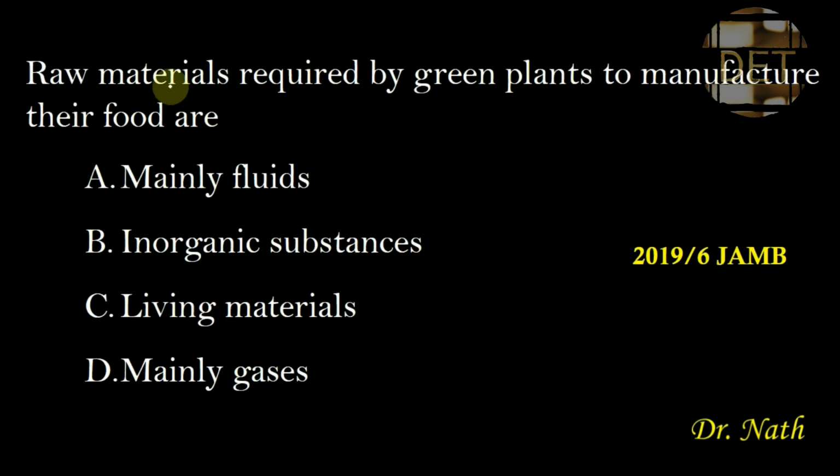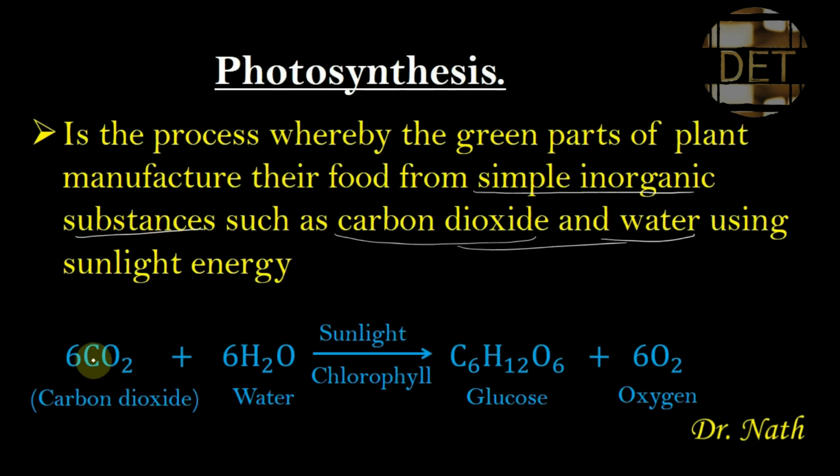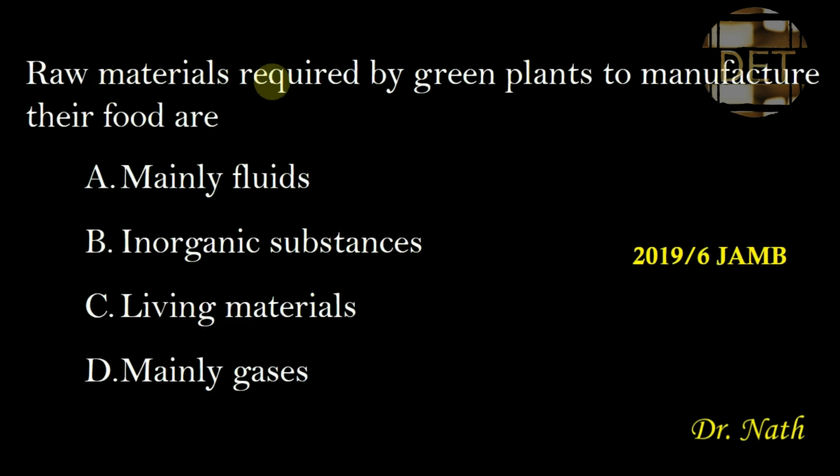So back to the question, raw materials required by green plants to manufacture their food. The raw materials that are required are carbon dioxide and water, and they are referred to as the inorganic substances. Are they merely fluids? They are not fluids. Are they inorganic substances?